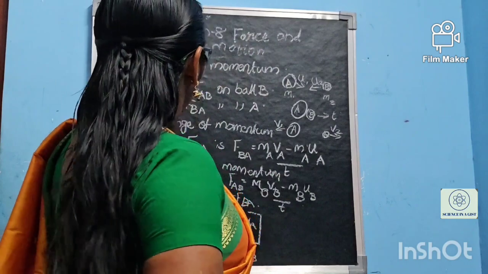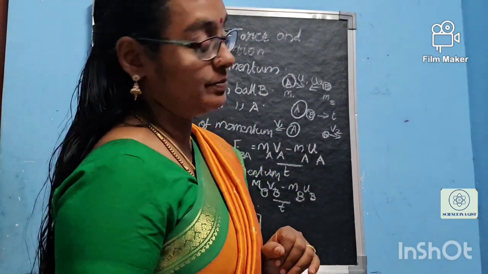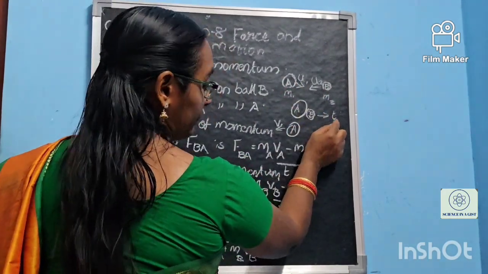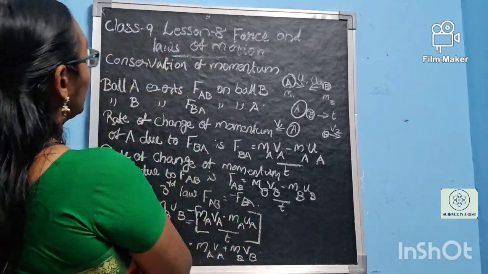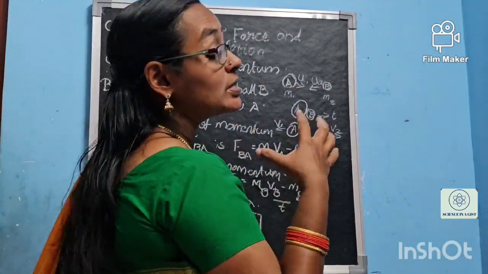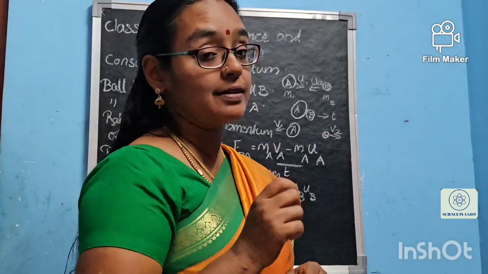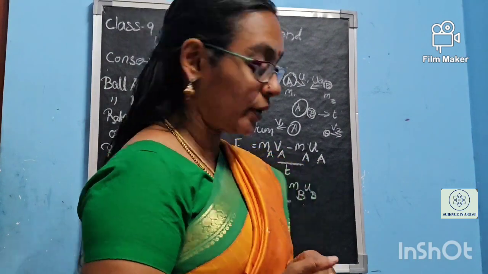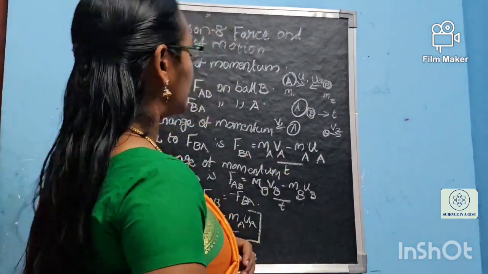Ball A exerts force FAB on ball B. Two balls, when they are colliding at a particular time interval t, are changing their velocities. We are seeing ball A exerts force FAB on ball B. Similarly, ball B exerts a force FBA on ball A. Now we are going to see the rate of change of momentum.